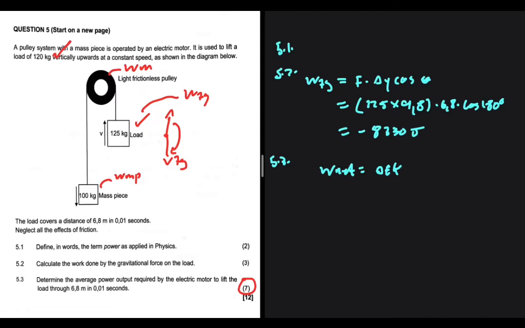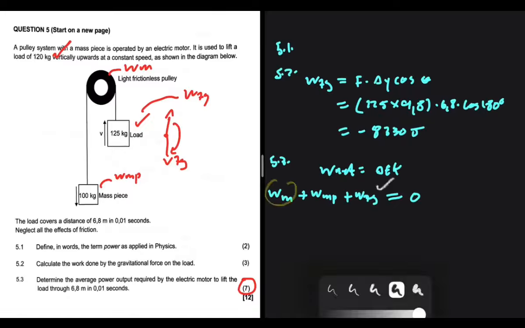We can set up our equation in the following way. The work done by the motor plus the work done by the mesh piece plus the work done by Fg on the load is equal to 0. We want the work done by the motor. We have the work done by Fg on the load. We just need to find the work done by the mesh piece.